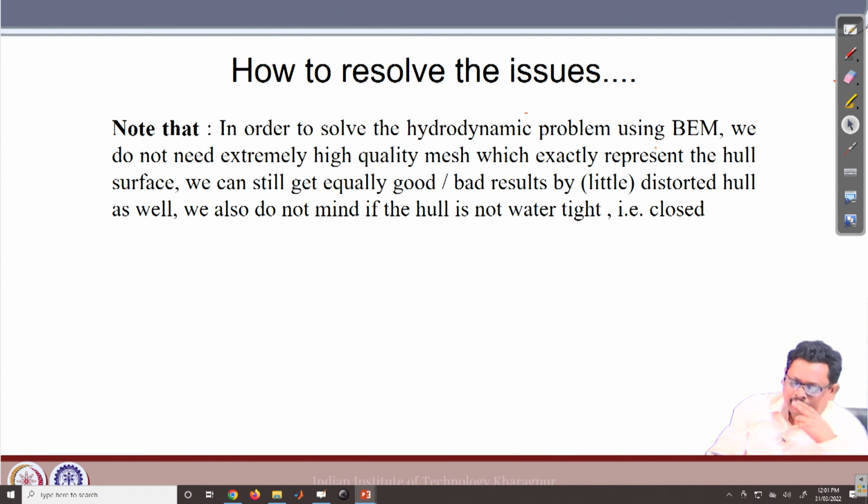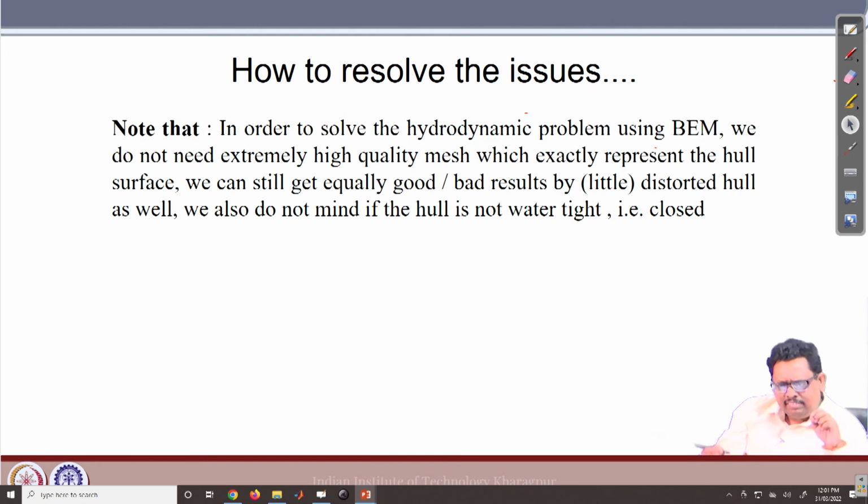Okay. Now, I will tell you that here, if you look, the basic idea is that I am replacing the body by a distribution of source and dipole. So, actually there is no body there, it is replaced by source and dipole, right. Therefore, we really do not need the exact definition of the hull surface.